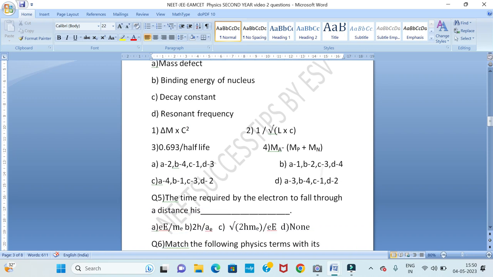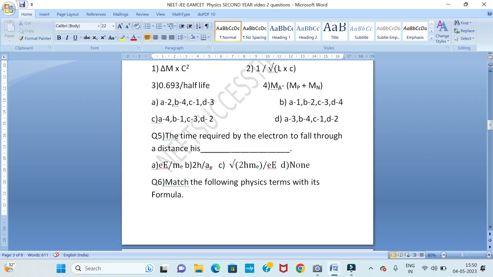Next, fifth. The time required by the electron to fall through a distance h is... So the answer is C, square root of 2 into h into m by e.